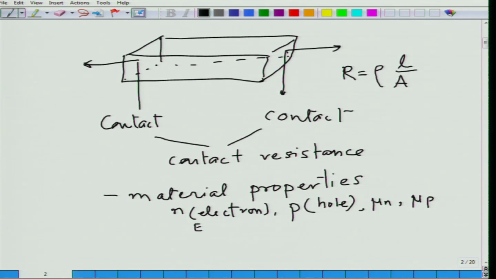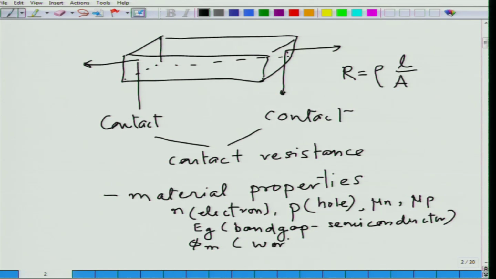If the material is a semiconductor, you need the band gap, and if it is a metal, you need to know the work function.